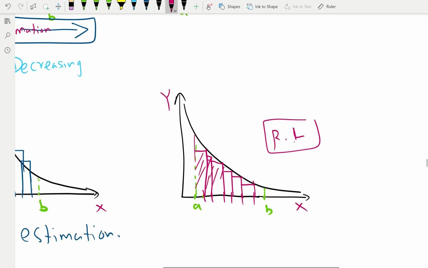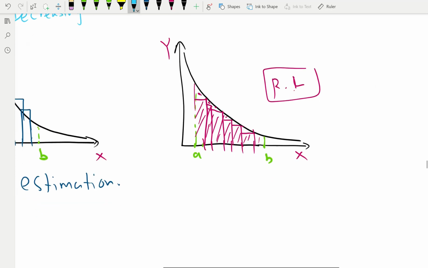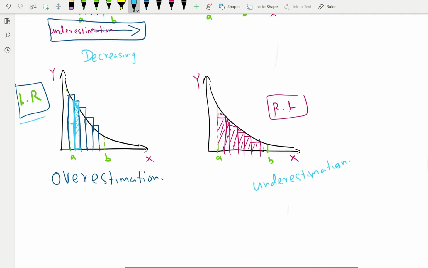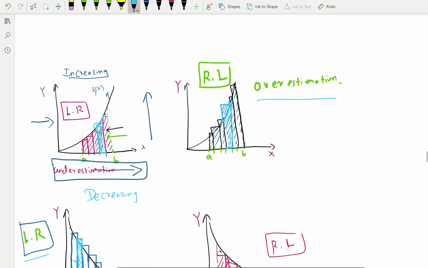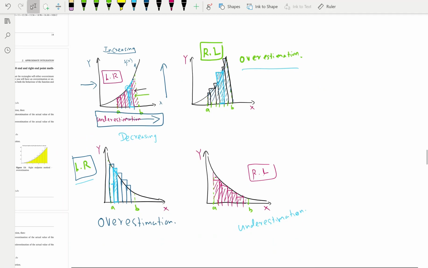The rectangles are below the curve, and we have some leftover space they didn't cover. So for the right endpoint rule, we get an underestimation for decreasing functions, but for increasing functions, we get an overestimation.